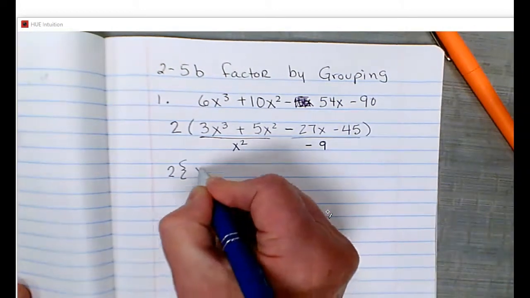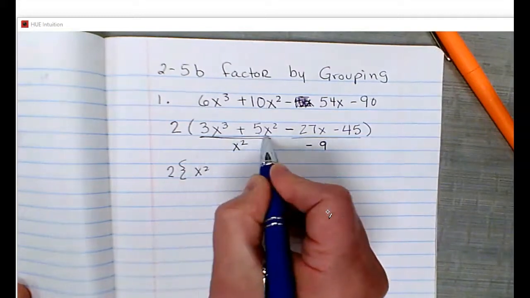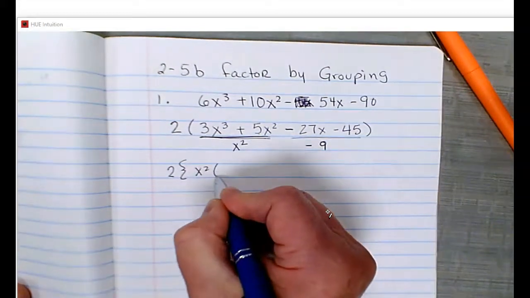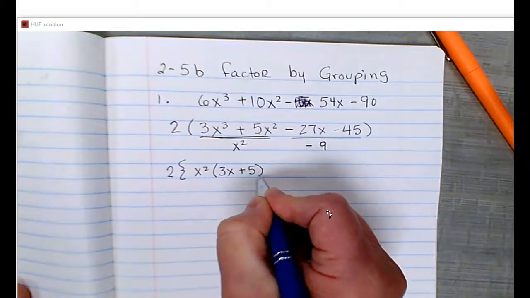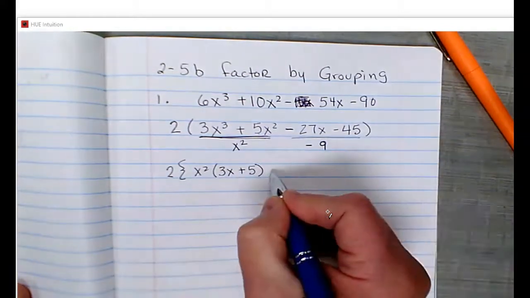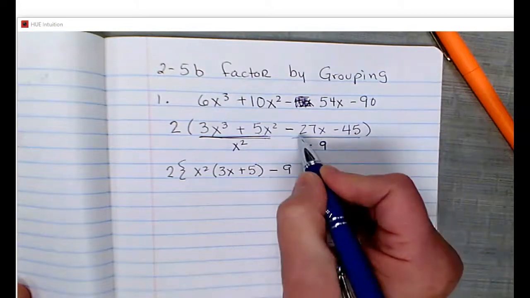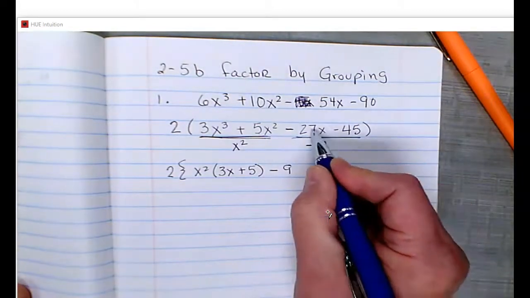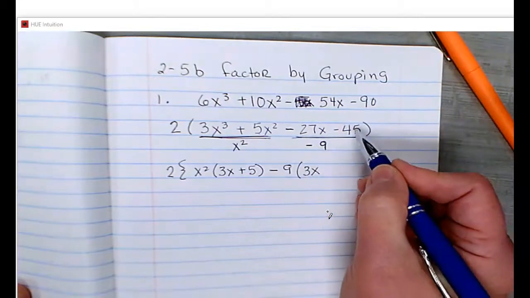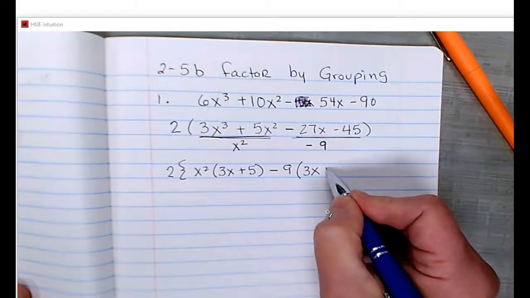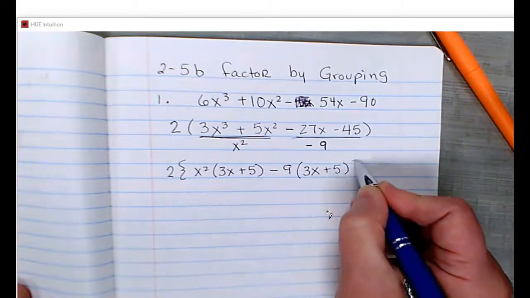So when I factor an x squared out of this, that's going to be a 3x plus 5. When I factor a negative 9 out of this, 27 divided by 9 would be 3. The negatives cancel. 45 divided by 9 is 5. The negatives cancel.